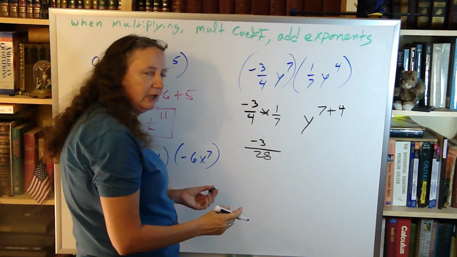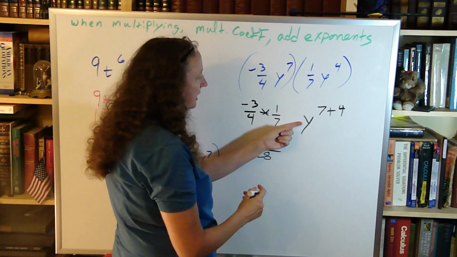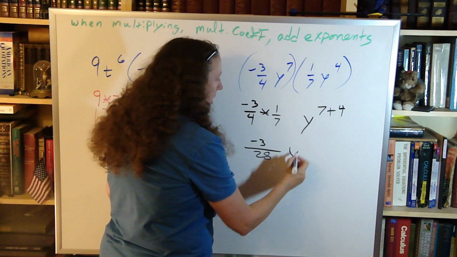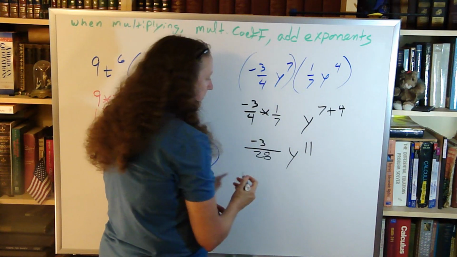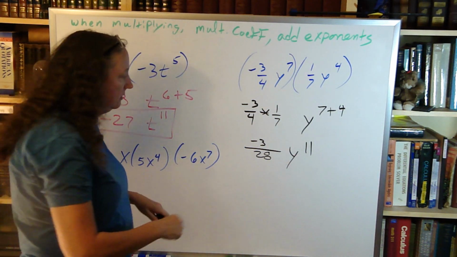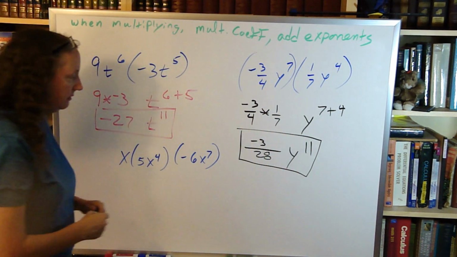I cannot reduce anything there, so that's as simplified as it can get. Y to the 7 plus 4, so y to the 11. Double check my math if I need to. And there I am, done.